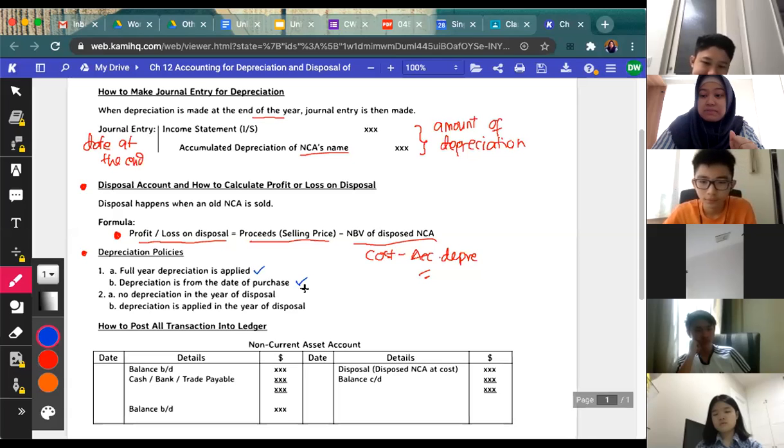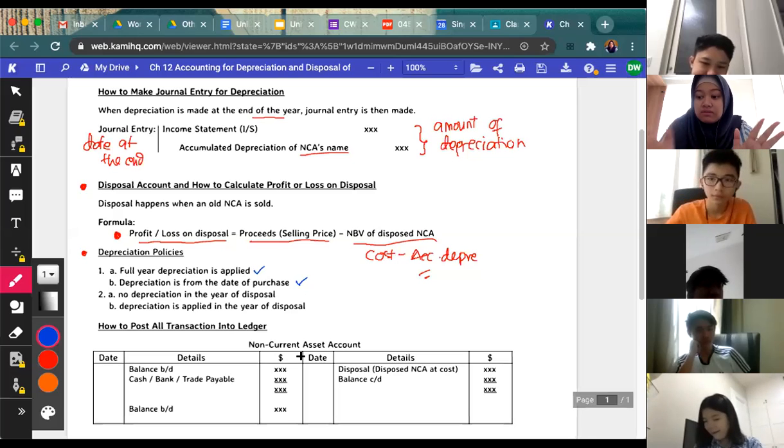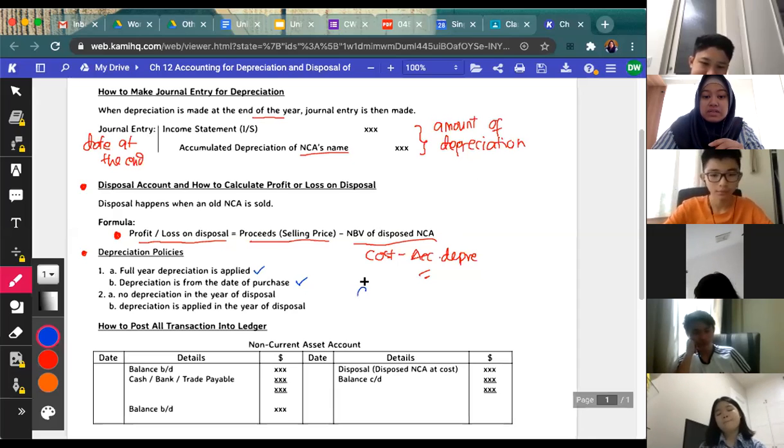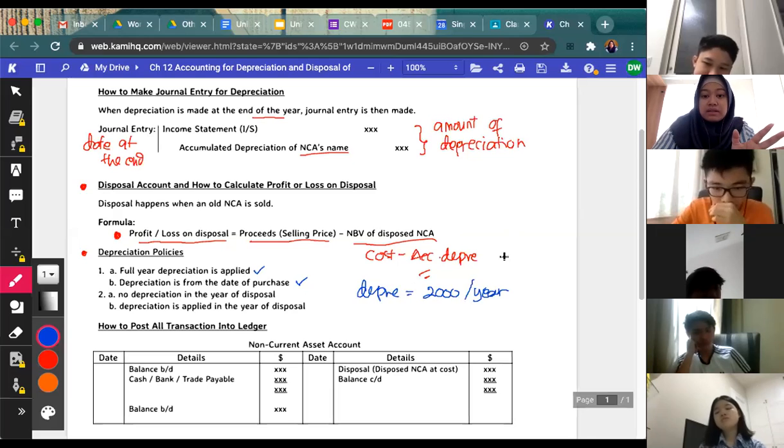If this is applied, that means when you calculate depreciation, you have to times it with how many months it is used. For example, yesterday's topic, depreciation for the year, for example, 2,000 per year, with the actual months is only 6 months of use.